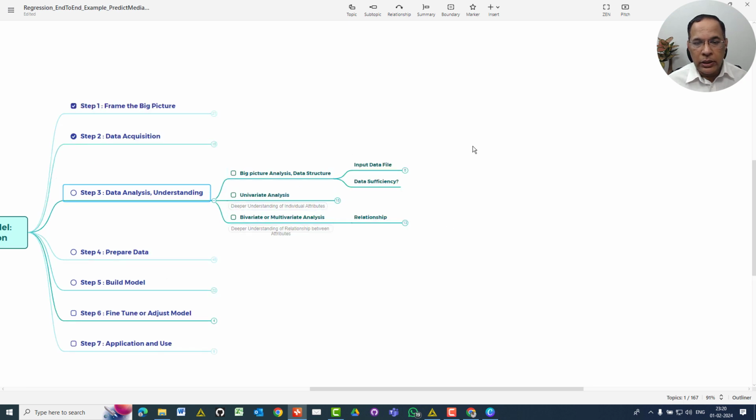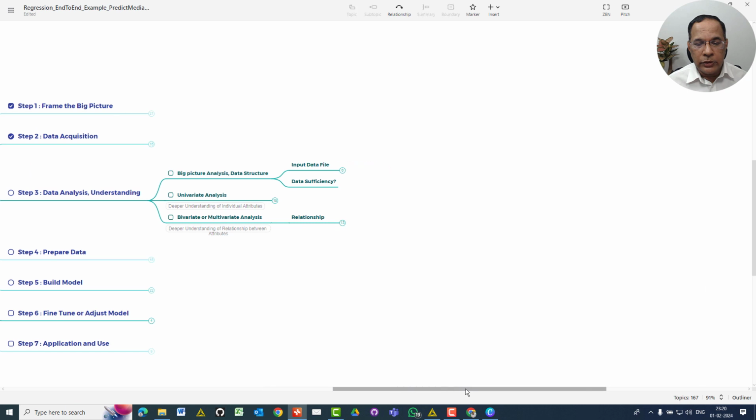Now, without understanding the data and preparing it, you can't build analytical models. Okay. So in terms of data analysis, there are a couple of things we need to do, and I'll explain the steps, and then I will also talk about how we do it in the tool, right? Again, from a data standpoint, we start with the big picture.